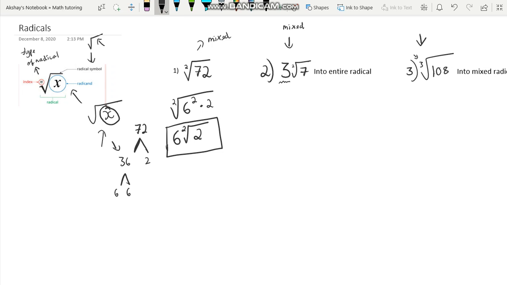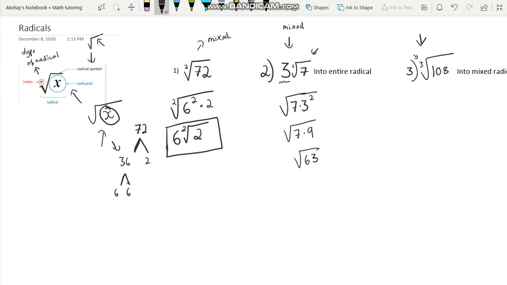So in this case, I would say 3 squared and I would put it inside my radicand, inside my radical symbol. So I would end up with the square root of 3 squared times 7. And now I know 3 squared is 9, so it's 9 times 7, which is the square root of 63.